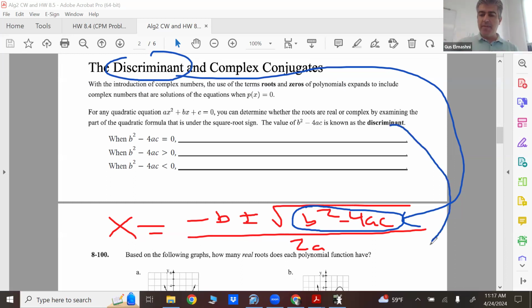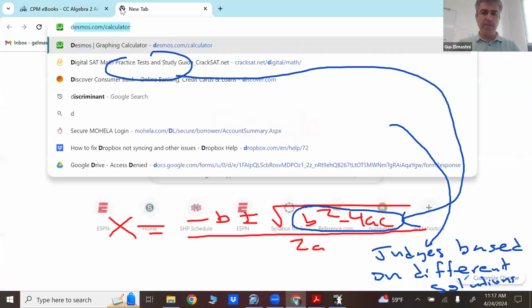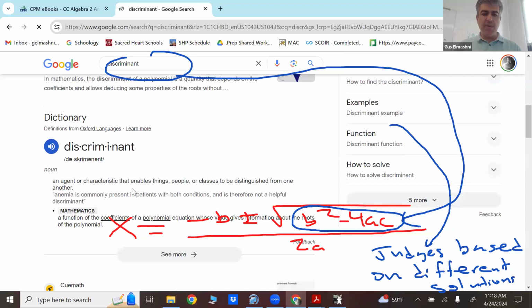It basically judges based on different solutions. So it helps determine, like a determinant in a way. In fact, if I look up the word discriminant, which I did earlier today, it says: an agent or character that enables things, people, or classes to be distinguished from one another. It helps distinguish the types of solutions. It's probably a better way of putting it.